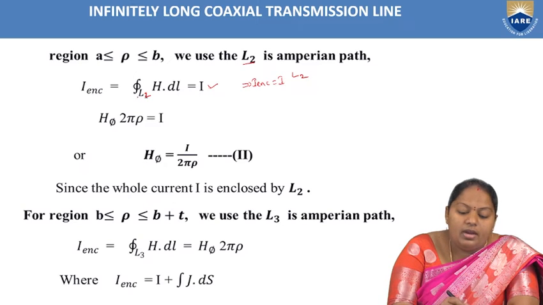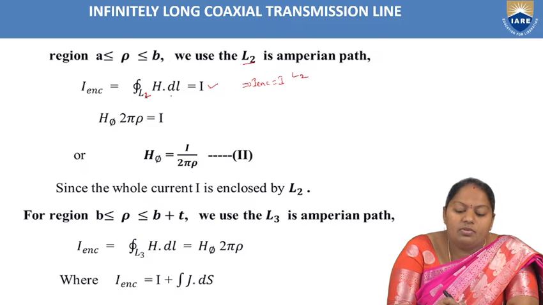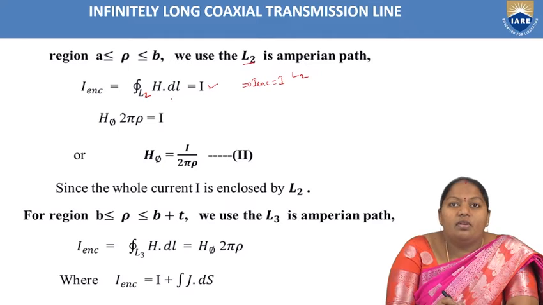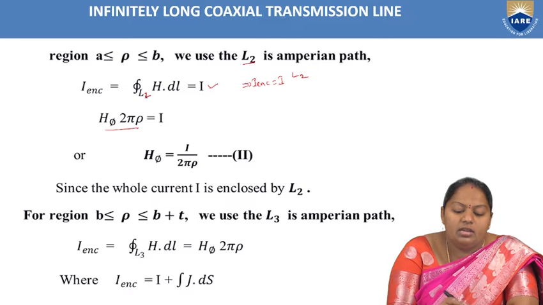Already we have evaluated, this is the formula for the rest of all conditions, it is similar. Hence, integral L2 h dot dl can be given by h phi 2 pi rho, which is equal to I.